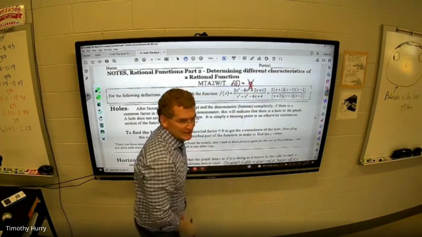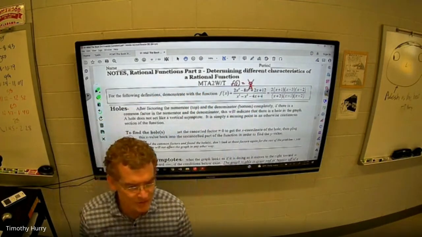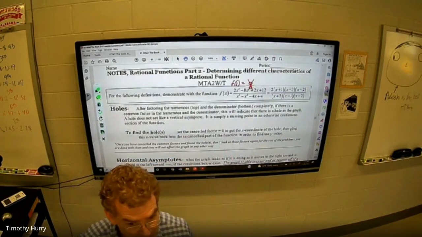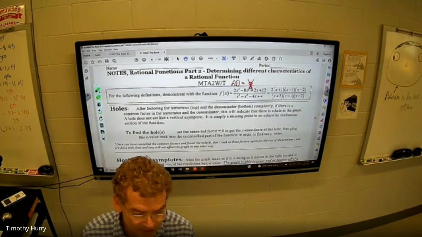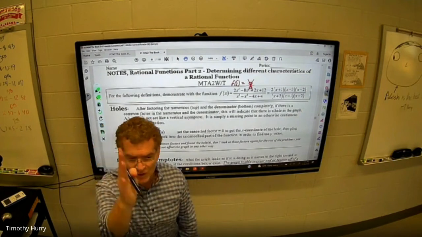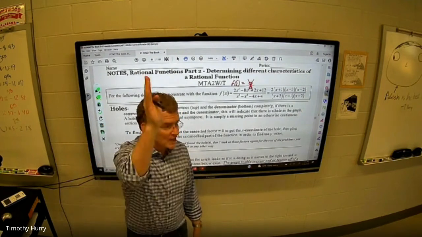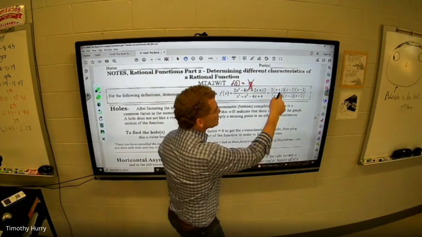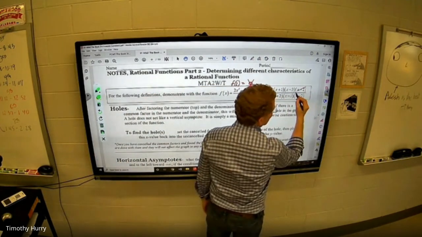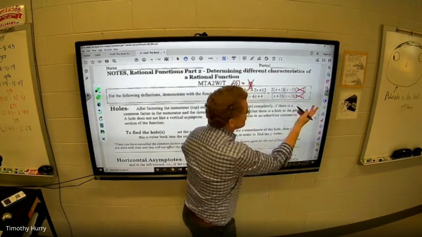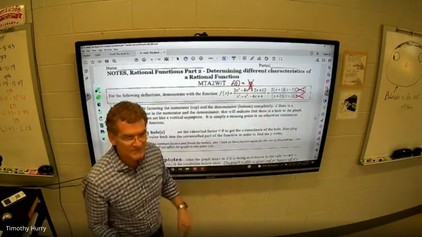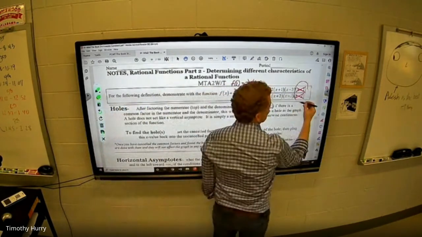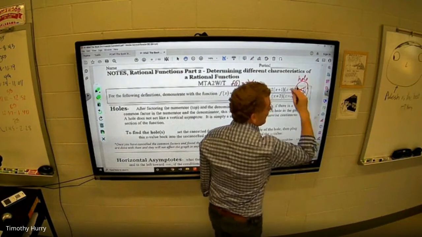That's undefined. What do you think that tells you about your function? There's nothing there at 2. But there's a special nothing there. It's not a vertical asymptote. That's another nothing there on a function. If you look up here and you see that something cancels like this, and there could be more than one, there's just not one here, this represents a hole in the graph.